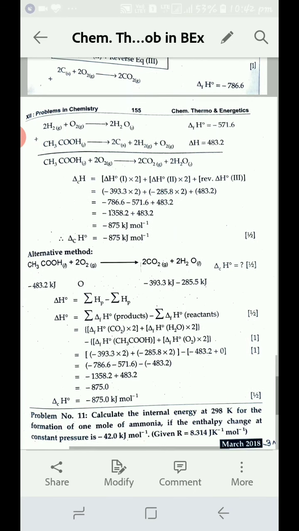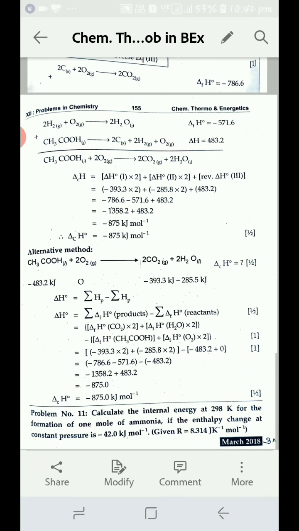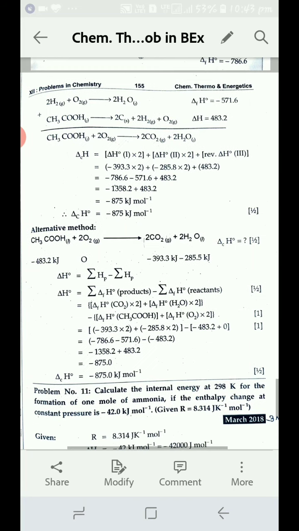The next numerical is: calculate the internal energy at 298 Kelvin for the formation of 1 mole of ammonia if the enthalpy change at constant pressure is minus 42 kilojoule per mole. Given value of R is 8.314 joule per Kelvin per mole, March 2018.